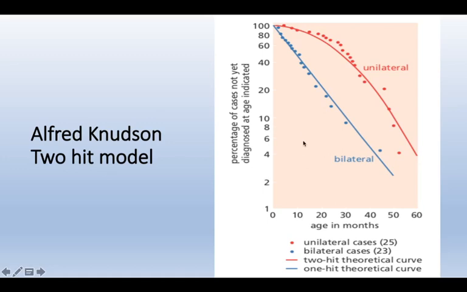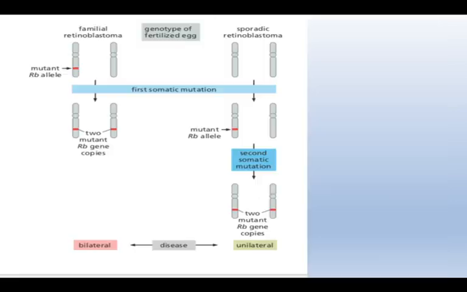It says that there are germline mutations which are already present, and just one somatic hit provides an advantage and the story begins. Now, in familial retinoblastoma, like we mentioned with the squares and green circles in the previous slide, there is a mutant RB allele present in each cell. This is on chromosome number 13, but the patient is still acting as a carrier.